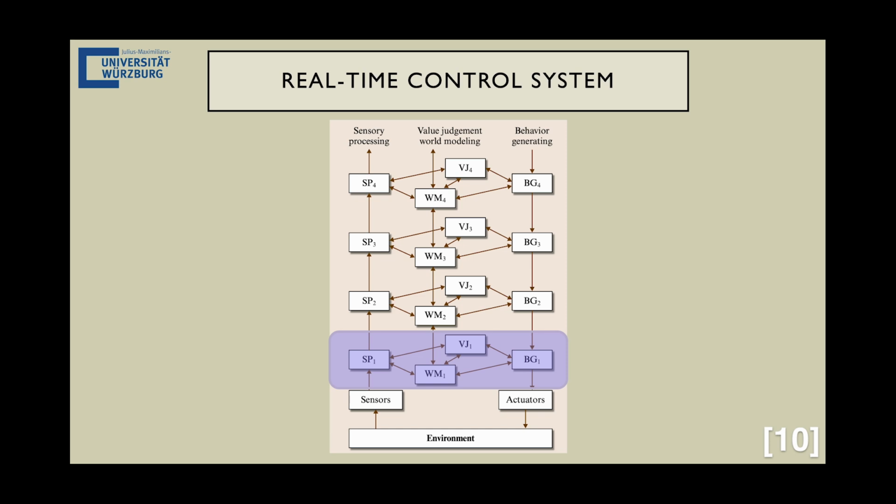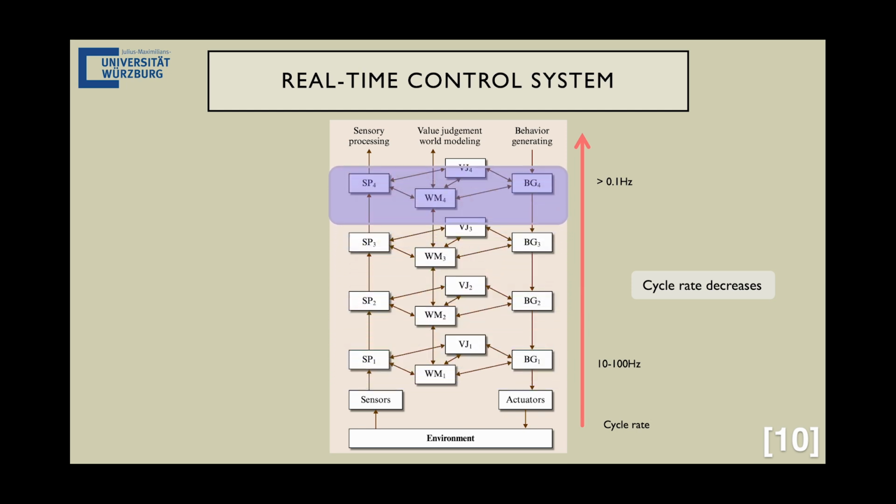The lower levels, which are responsible for the basic movement commands and are closer to the environment, have a high cycle rate of 10 to 100 Hz. The further up you go in the levels, the more general the basic tasks become, and the cycle time also increases until it is more than 10 seconds at the top level.